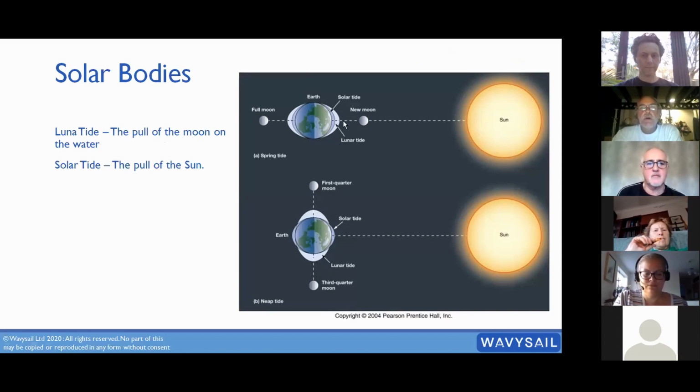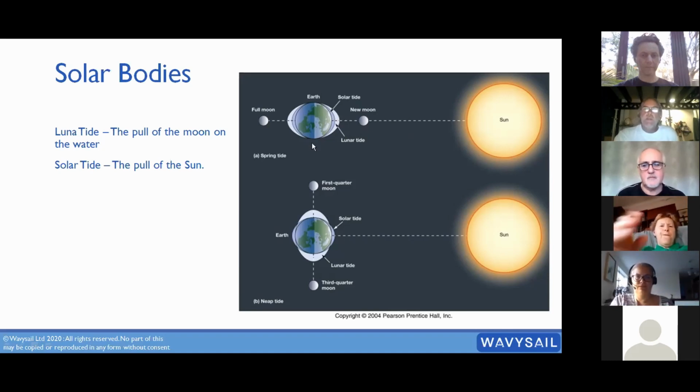Now the 2 of them both have an effect on the planet, and the water on the planet obviously moves. It's liquid, it can move, and gravity is affected by it. So it's affected by the fact that, one, the Earth is spinning, and then you've got gravity pulling the water to one side, but the Earth then spins underneath that. So that's why your tide sort of just sits and then fills and fills and things like that.